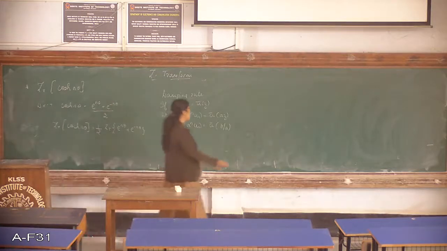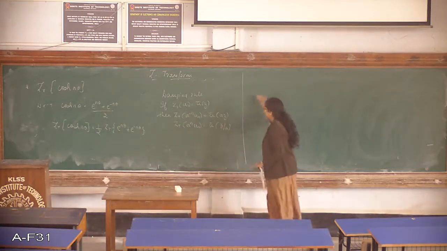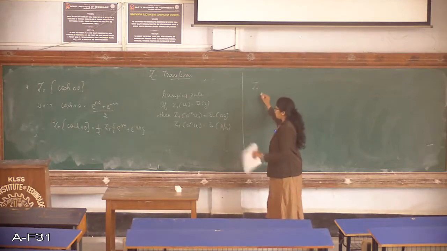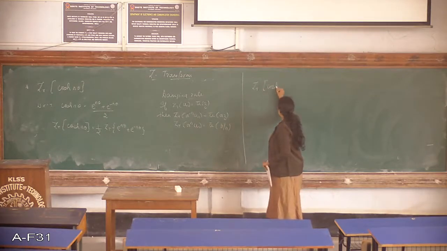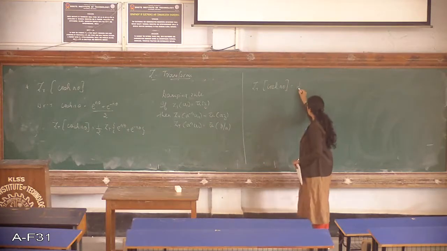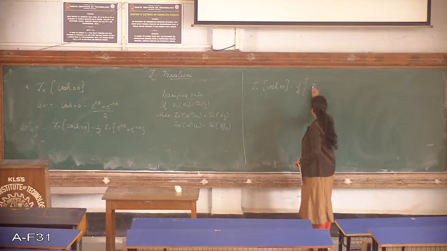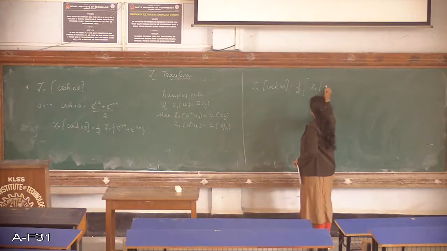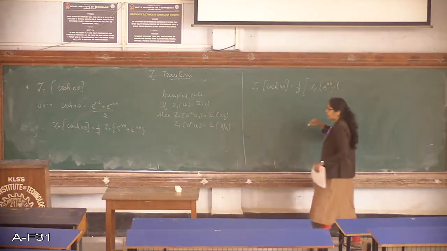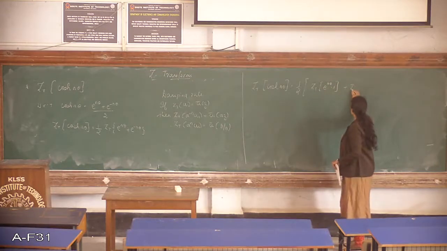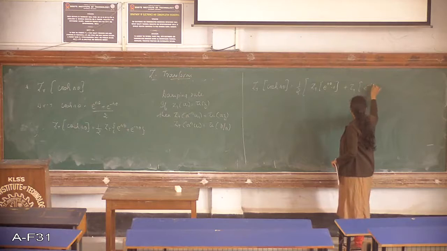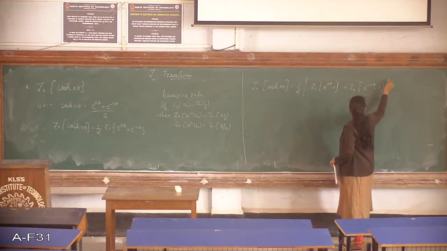Furthermore, make a note of this step. Here the Z transform of this hyperbolic function is equal to half times the Z transform of e raised to n theta into 1, plus the Z transform of e raised to minus n theta into 1.